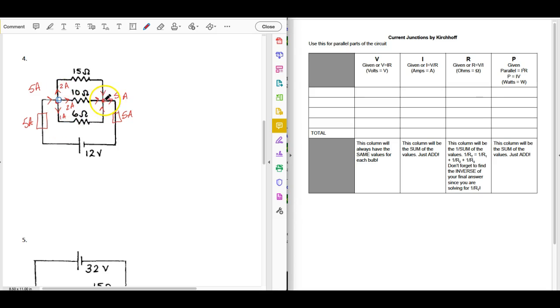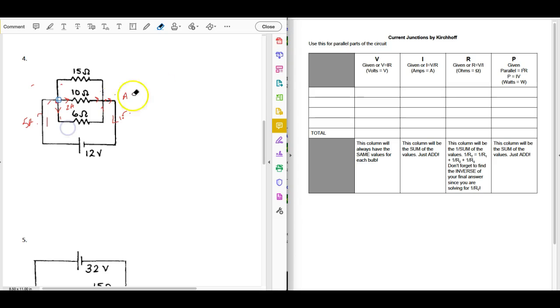And then the water gets back to the junction and it comes out the other side, it'd be going 5 meters per second again. That's basically what current is and kind of what that would look like if we were thinking about what's going on. So that is the junction rule, or Kirchhoff's junction rule.